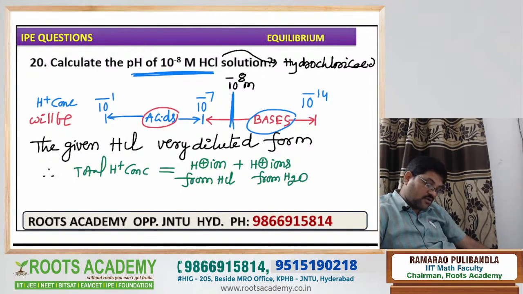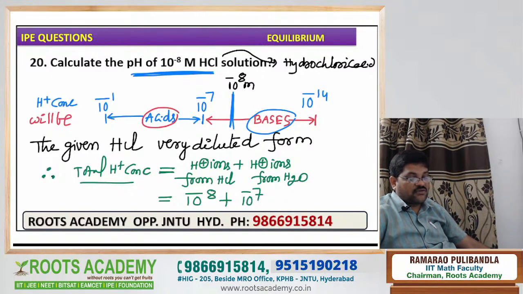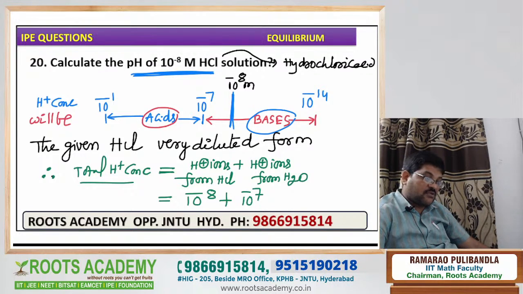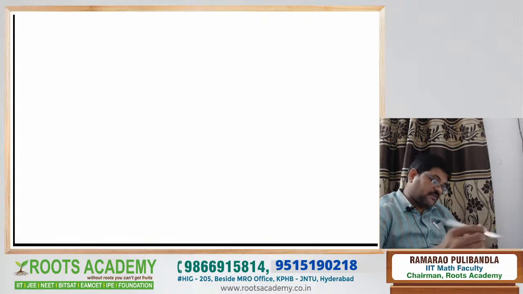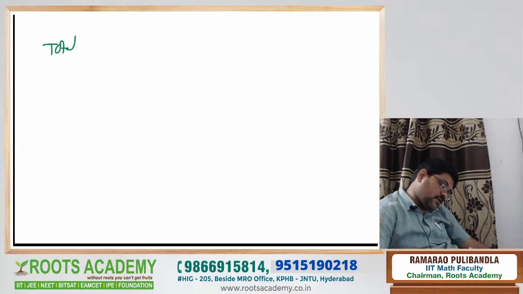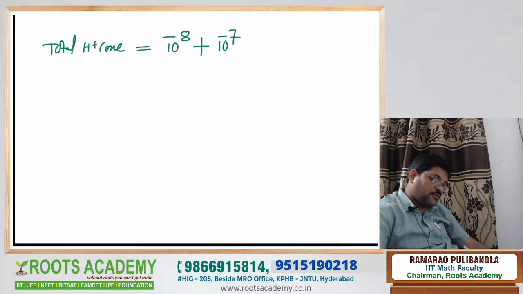H plus ions from HCl is how much? 10 power minus 8. H plus ions from the water, 10 power minus 7 is available. Therefore, total H plus ions concentration is equal to 10 power minus 8 from HCl plus 10 power minus 7 of H plus ions from the water. How do you write that?